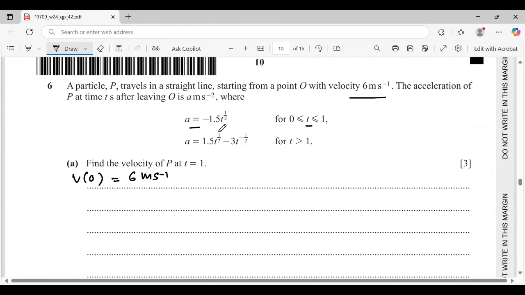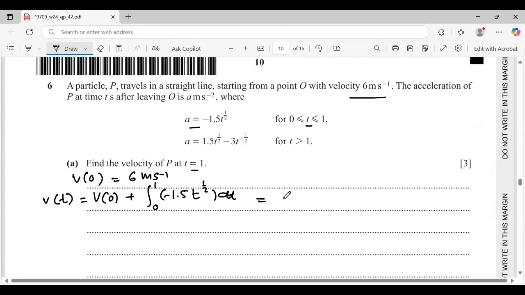To find the velocity at t equals 1, we need to integrate the acceleration from t equals 0 to t equals 1, based on this interval. Now, integrate acceleration to get the change in velocity, that is v equals initial velocity plus the integral from 0 to 1 of minus 1.5 t power 1/2 dt.